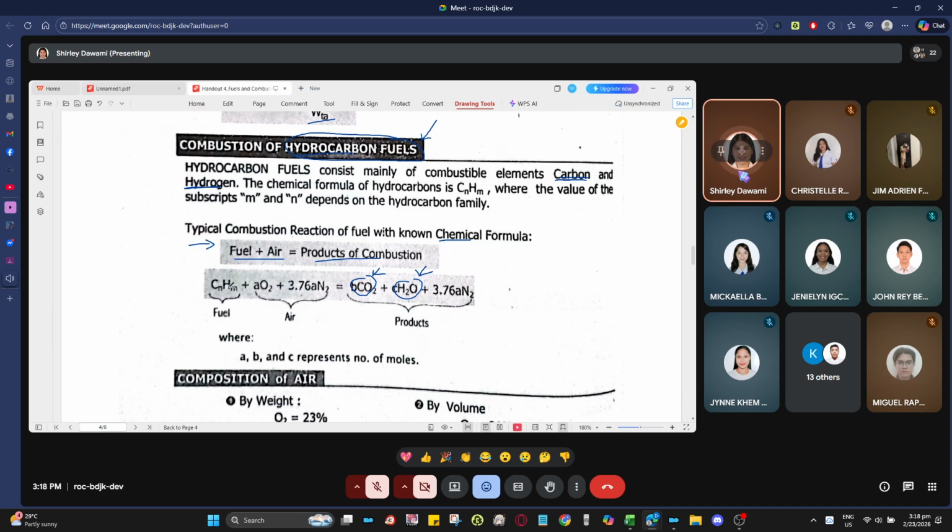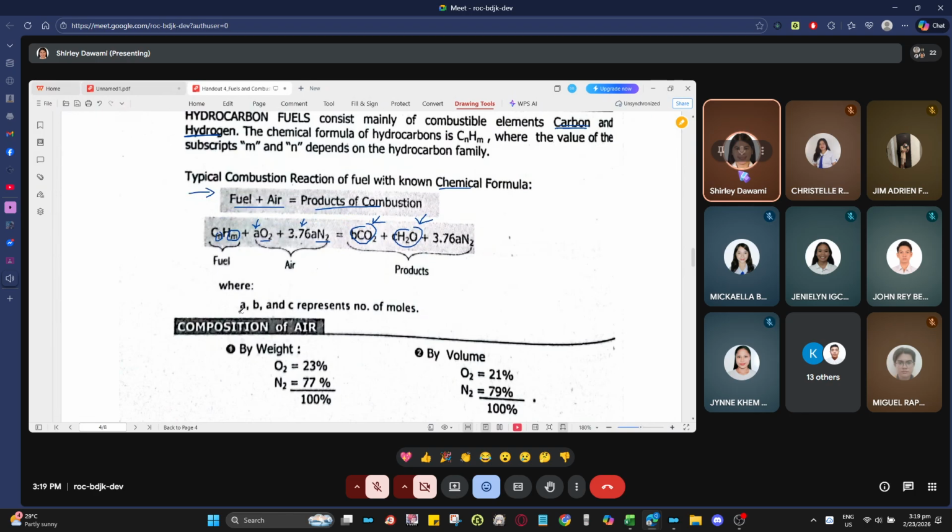For the fuel, given by CnHm, where m and n depend on the hydrocarbon family, representing the number of atoms, plus air, which consists of oxygen and nitrogen with the corresponding number of moles, then the products of combustion: CO2, H2O, and nitrogen.